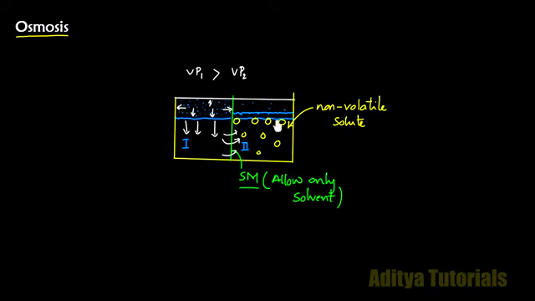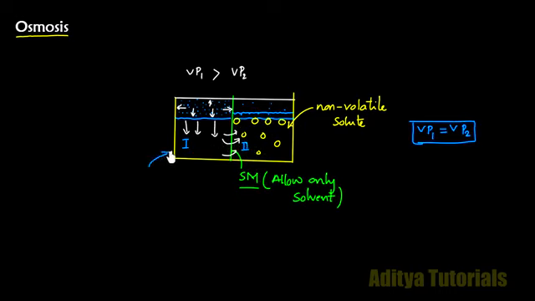This is the second level. At a certain point it stops. It stops only when the vapor pressure in compartment number 1 is equal to the vapor pressure in compartment number 2. Then the flow of solvent molecules from the first compartment to the second stops, and during that process the liquid level rises in compartment number 2.